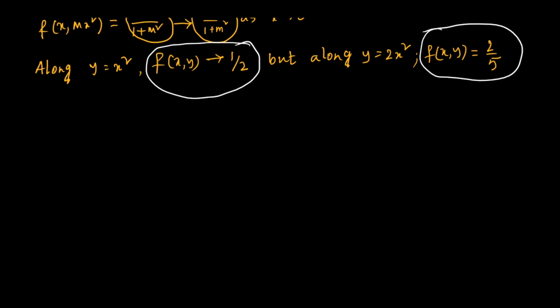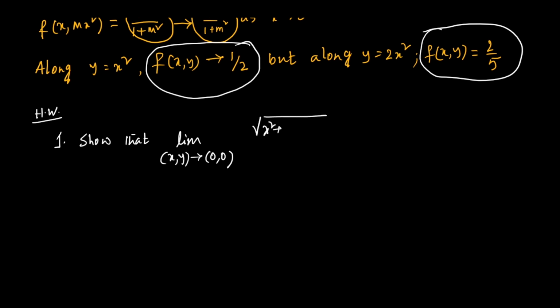The first one is, show that the limit as (x,y) tends to (0,0) of (square root of x square y square plus 1, minus 1) divided by (x square plus y square) equals 0. So you have to prove that this limit is equal to 0.